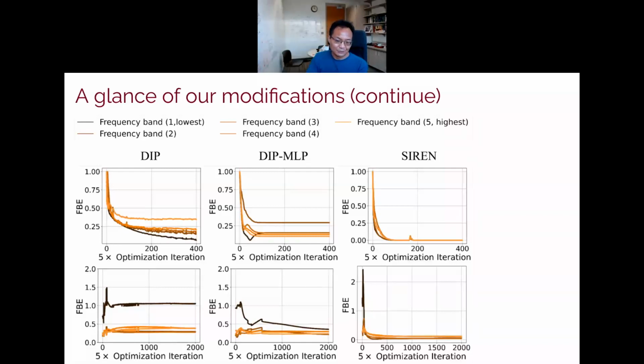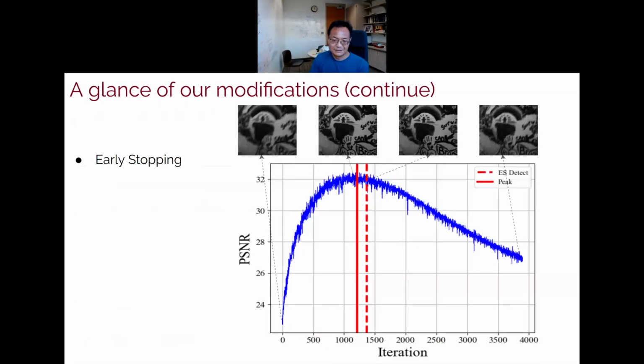Instead, the best way to represent the kernel is something that comes from neural implicit regularization. SIREN is a particular version of that. This is directly using a neural network to represent the kernel instead of using the output of the neural network as the kernel. And they have very different spectral properties compared to DIP.